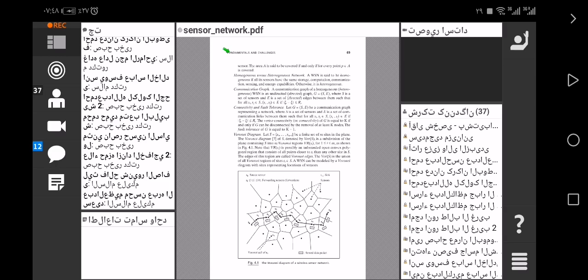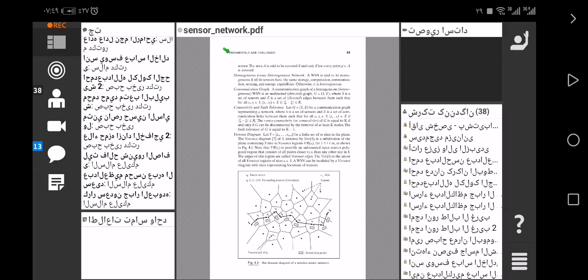Voronoi diagram. Consider the set S including members S0 up to Sm minus 1, a finite set of M sites in the plane. The Voronoi diagram of S, which we denote by Vor(S), is a subdivision of the plane containing S into M Voronoi regions.